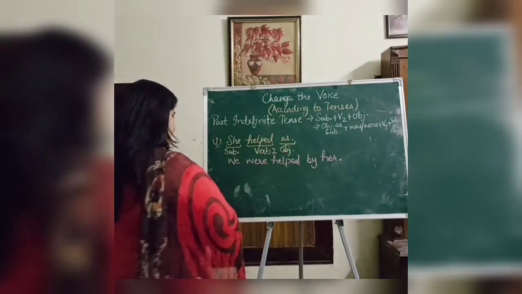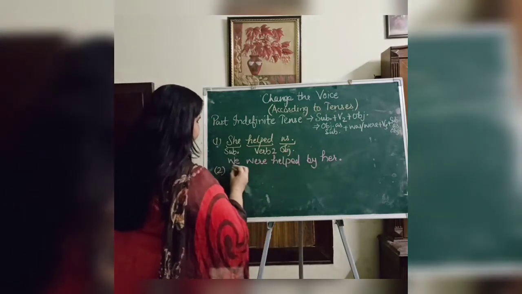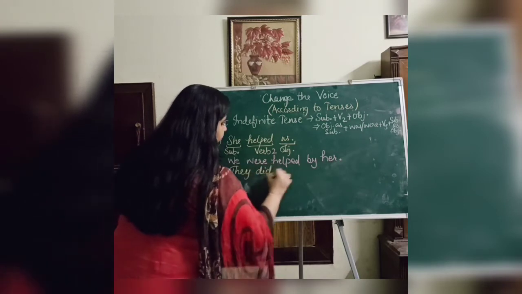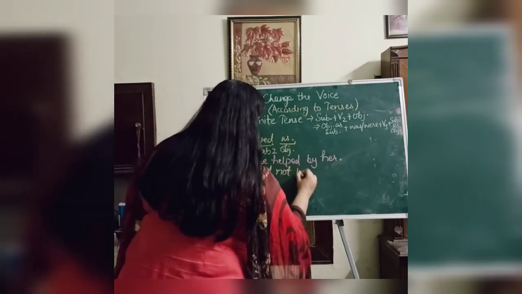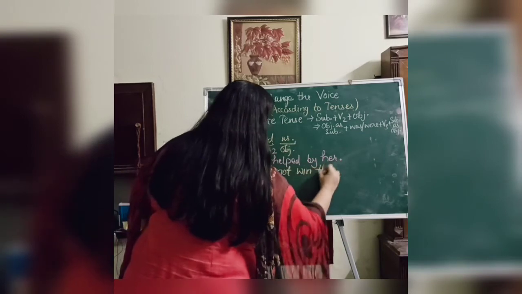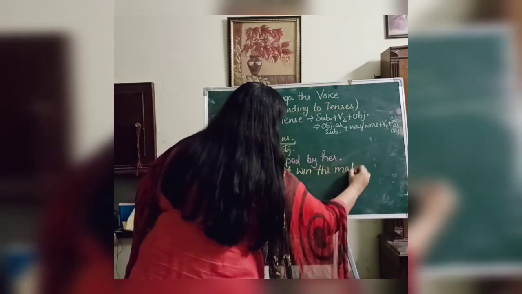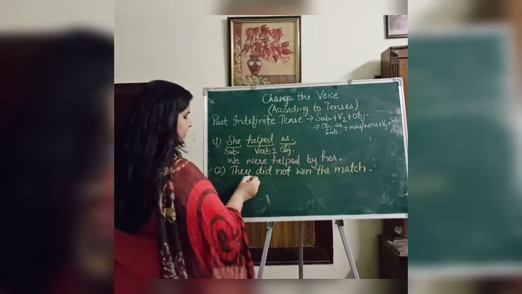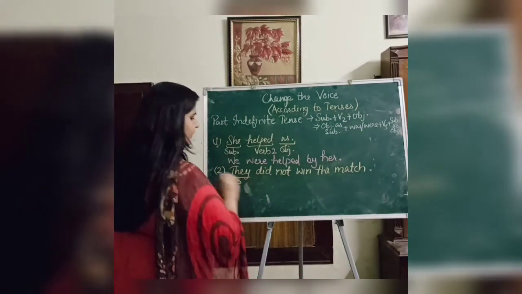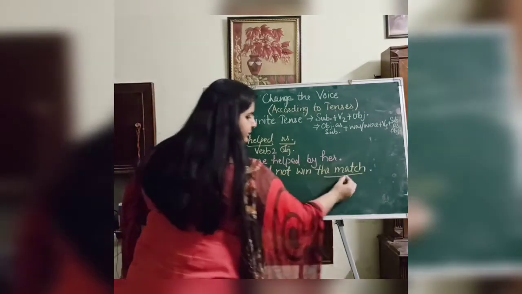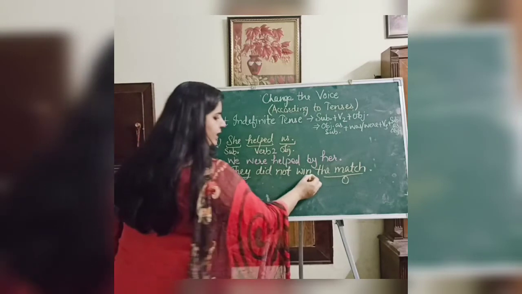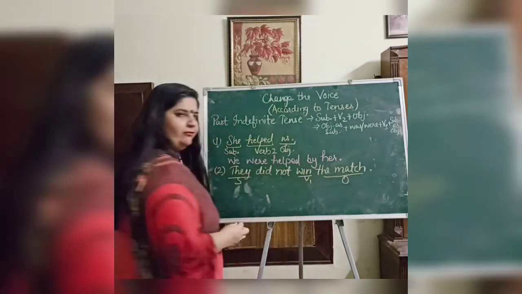Now look at a negative sentence. They did not win the match. Now you can easily identify the subject, they, and the object, the match. This is helping verb followed by not, and this is first form of the verb.